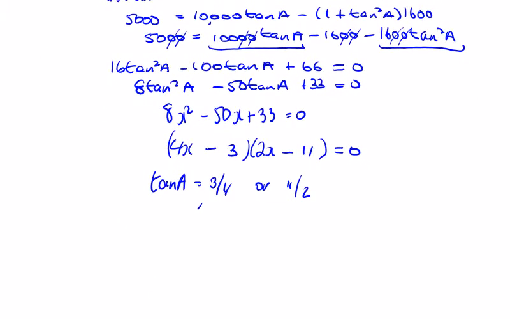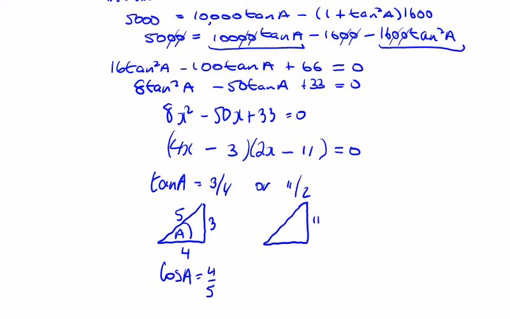So if I just create my right angle triangle so I can get cos A, opposite, adjacent, hypotenuse, so I've got cos A is 4 over 5 in this triangle, and the second one, 11 over 2 opposite over adjacent, which is going to leave the square root of 121 plus 4, which is root 125. So cos A in this triangle is 2 over root 125.